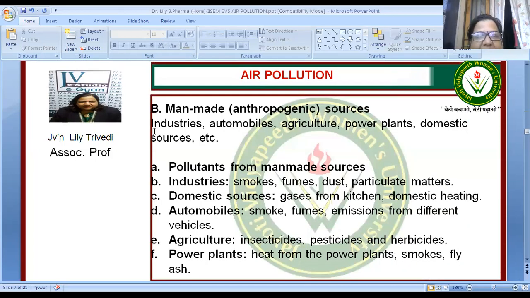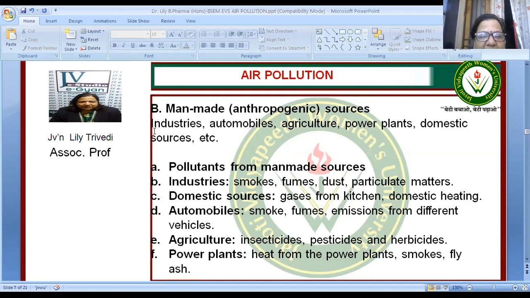Second is the man-made, that is anthropogenic sources: the industries, automobiles, agriculture, power plants, domestic sources, etc. Now these pollutants are made from man-made sources, and also from industry. How? The smoke, the fume, the dust particulate matters. Domestic sources include the gas from kitchen and domestic heating.